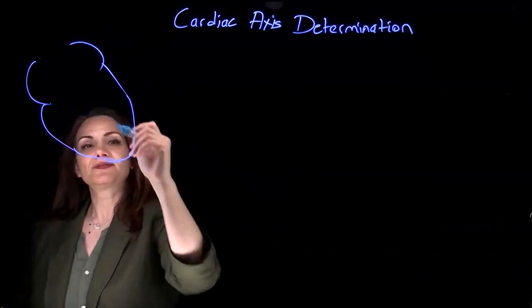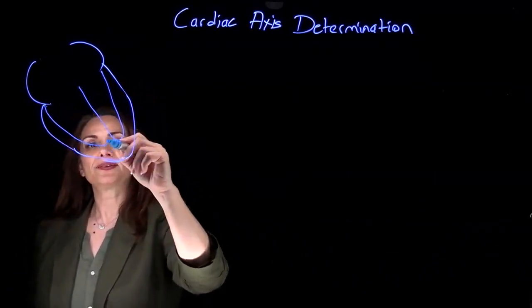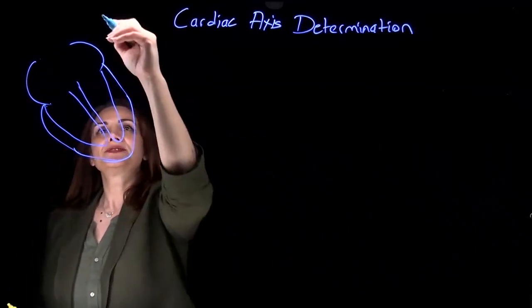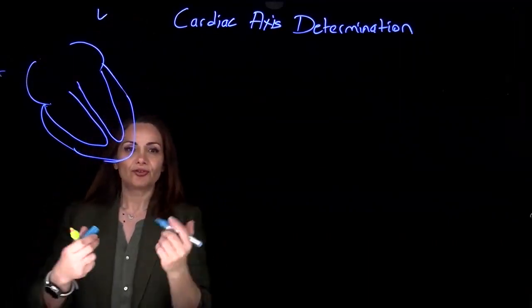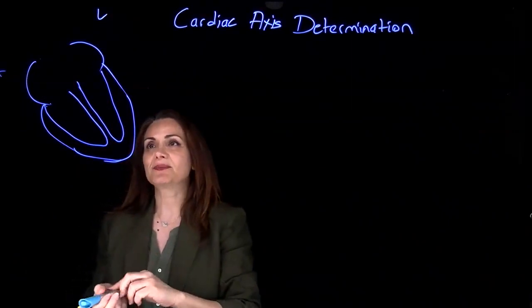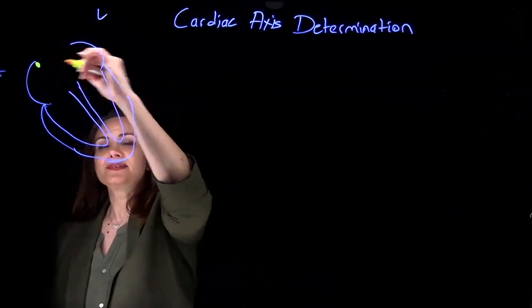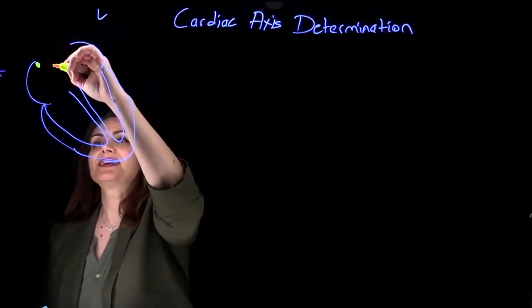And of course, the ventricles have thicker walls compared to the atria, especially the left ventricle. So this is the left side, this is the right side, because you're looking at the patient like in a mirror. The SA node is found in the right atrium on top, near where the superior vena cava comes in.